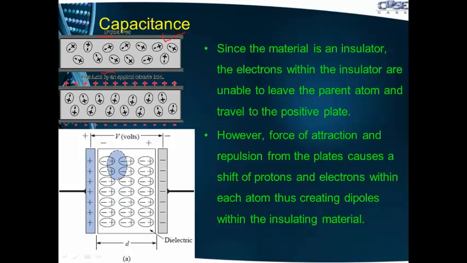So you can see that all these protons are aligned towards the negative plate, and all these electrons are aligned towards the positive plate. So this would be the scenario that negative charge would try to align with the positive plate, and positive charge would try to align with the negative plate.